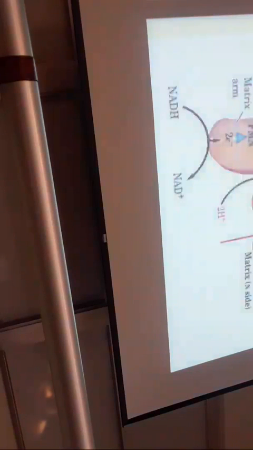Okay, so it has 2 electrons, and they are both transferred to NAD+ to reduce it to NADH, or they're both taken away at the same time when NADH is being oxidized to NAD+. So this also happens when these electrons are actually donated to complex 1, and the component that actually accepts these 2 electrons in the form of a hydride is this flavine mononucleotide.